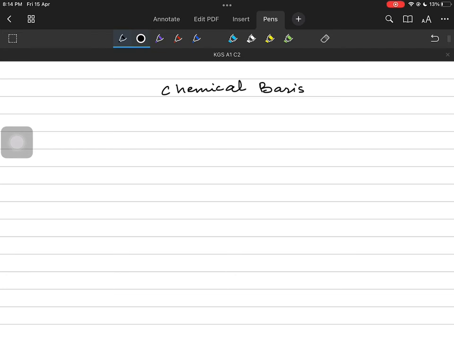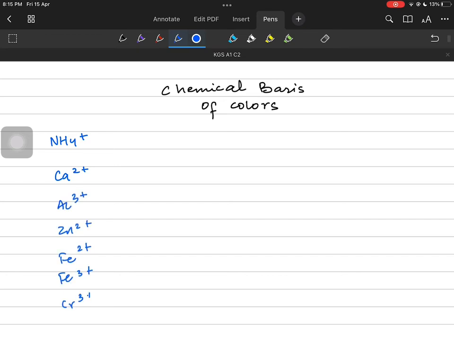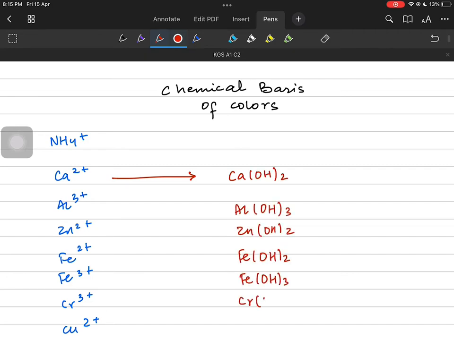Let's talk about the chemical bases of these precipitates and their specific solubilities. Ammonium, calcium, aluminium, zinc, iron, chromium, and copper are the cations that we talked about. When we add aqueous sodium hydroxide, it produces an alkaline environment, so calcium hydroxide, aluminium hydroxide, and zinc, iron, chromium, and copper hydroxides are made.